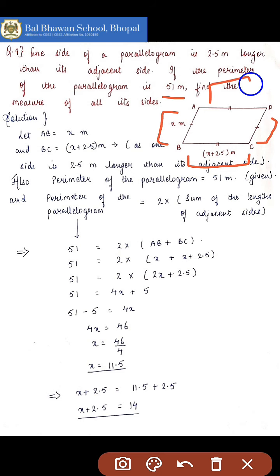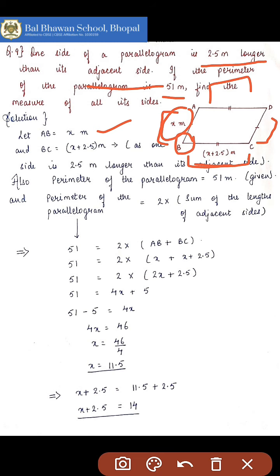Now, let AB equal x meters. According to the question, one of the sides is 2.5 meters longer than the adjacent side, so the adjacent side, which has a common vertex to AB, let us take it as BC.